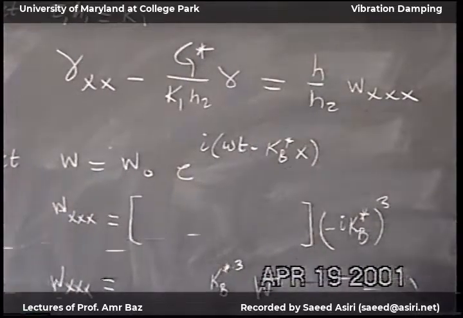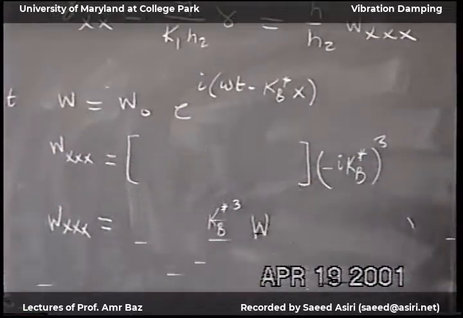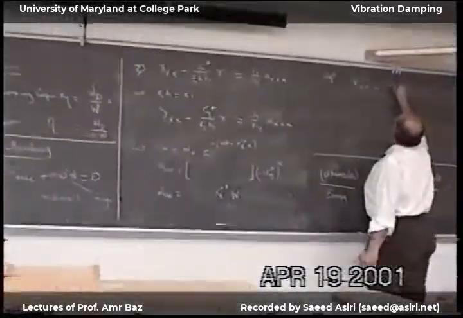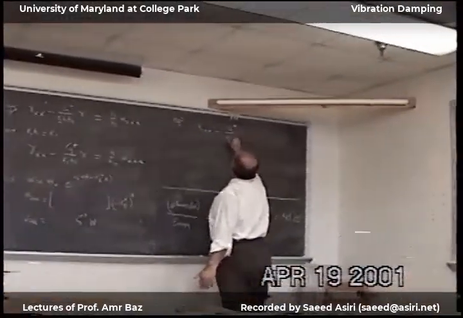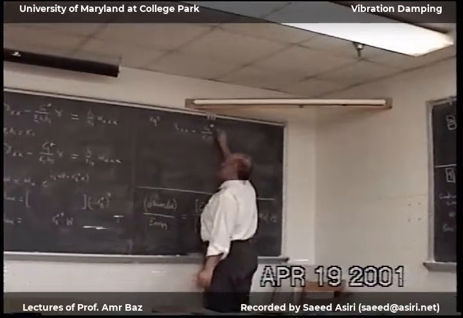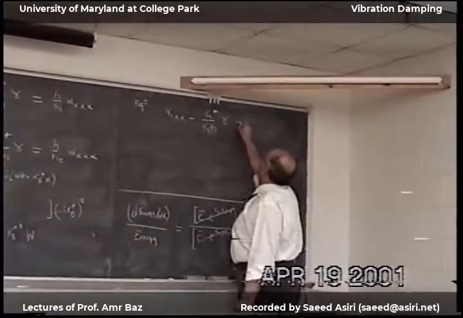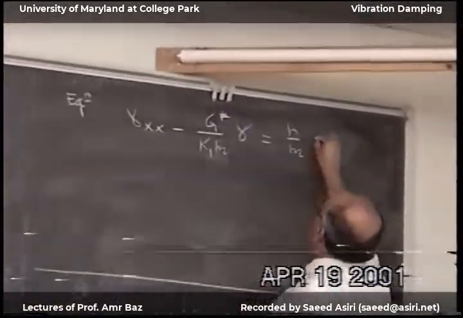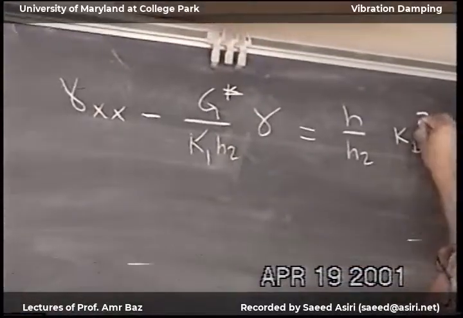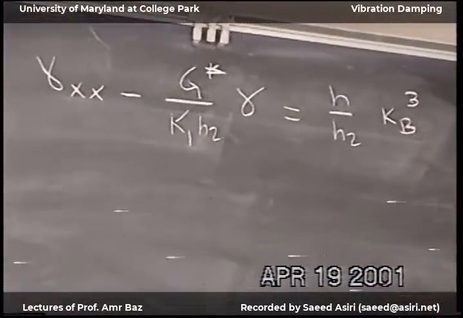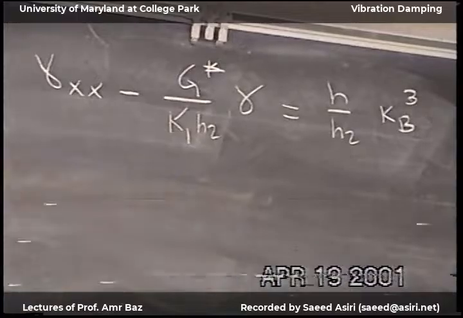Then the equation gamma XX minus G prime K1 H2 and gamma H over H2 KB cubed. We should have 1 I here, huh?